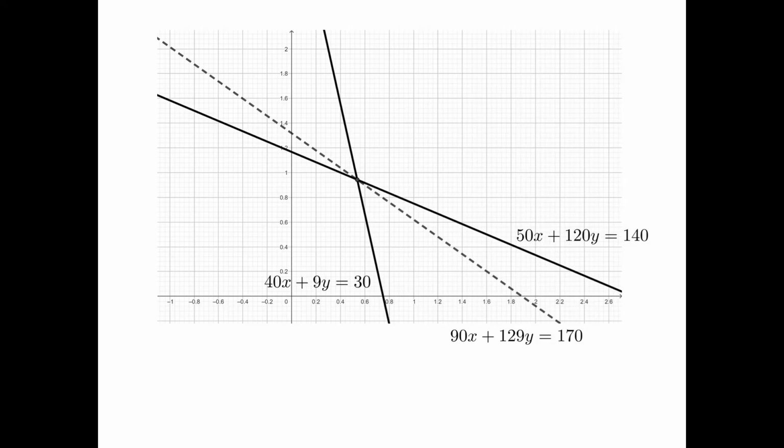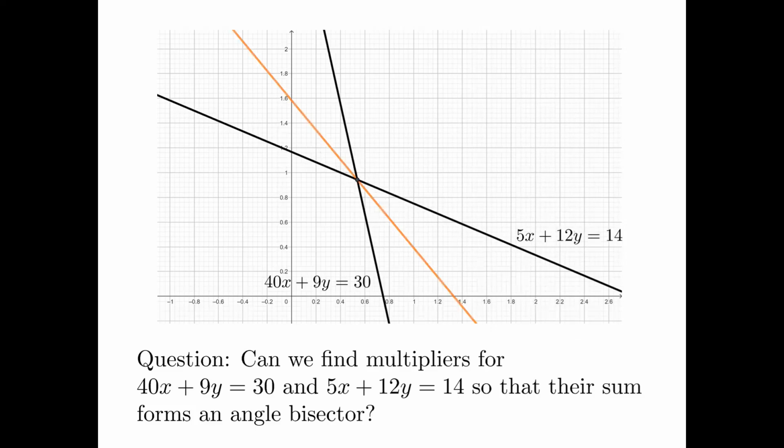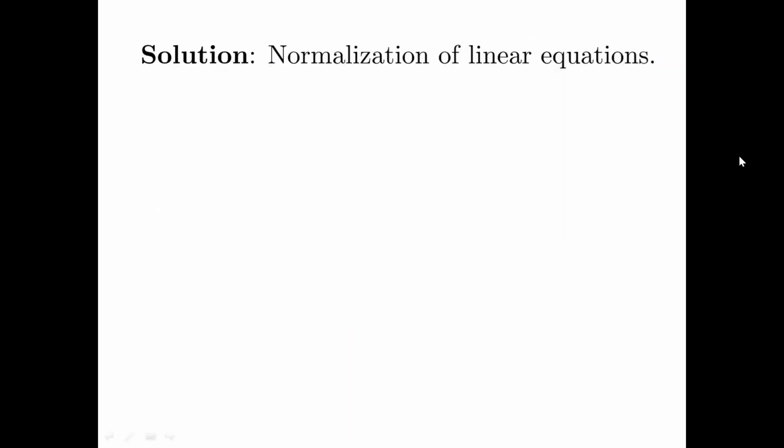Therefore, the sum line is closer to the second one. By adjusting the multipliers so that the two equations have the same contribution to the sum equation, the new line is an angle bisector. Can we do that? And how?